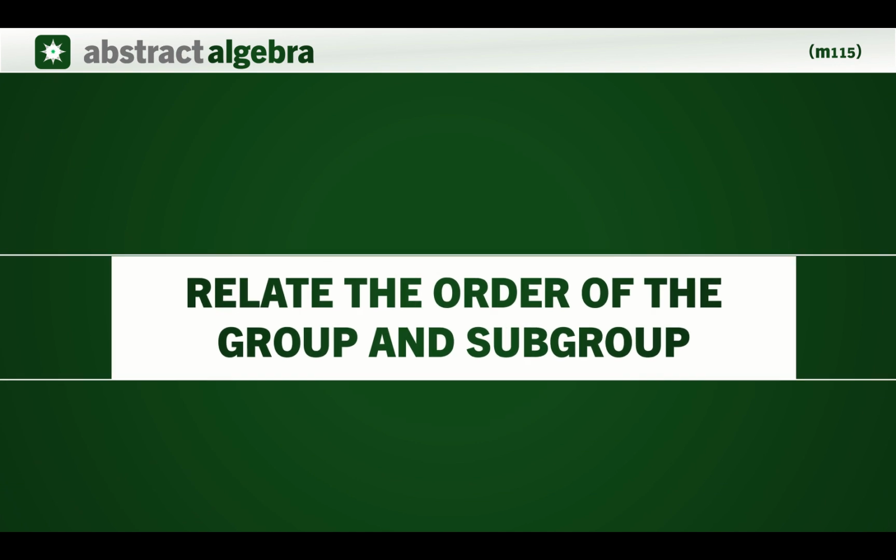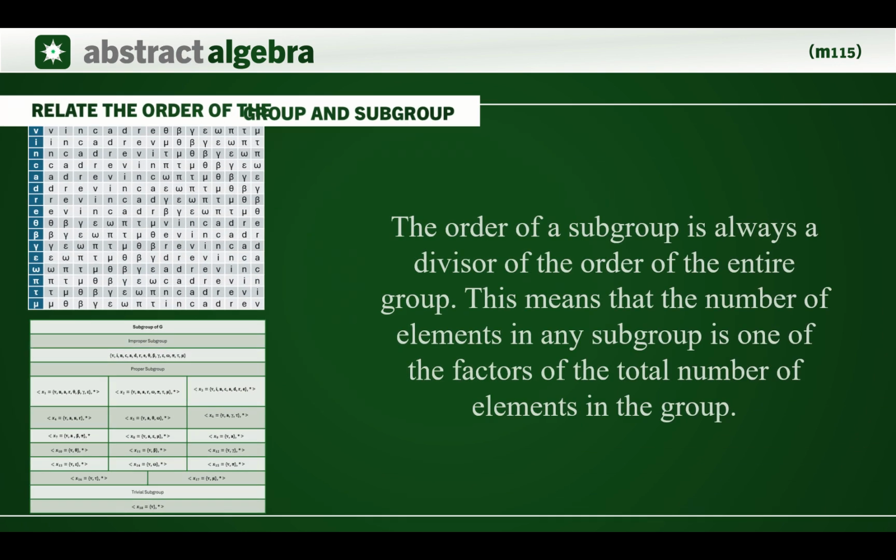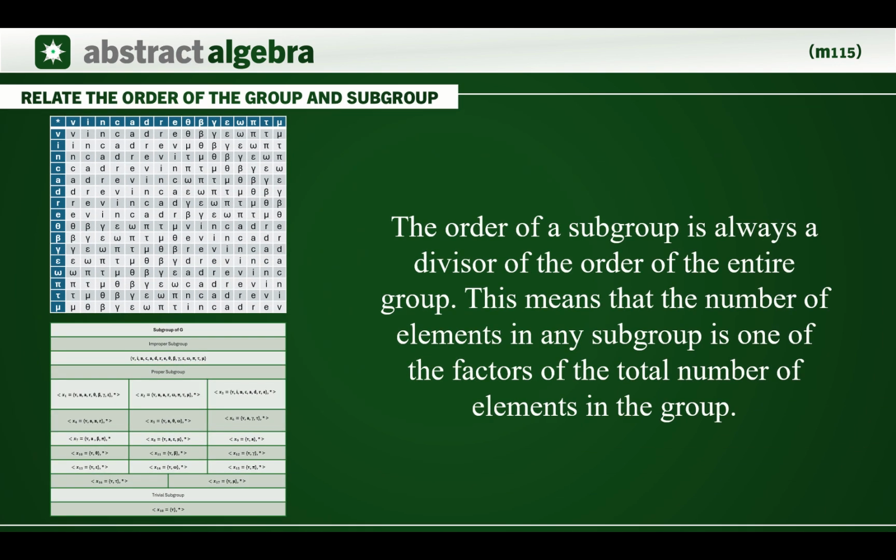Next, we are going to relate the order of the group and the subgroup. The order of a subgroup is always a divisor of the order of the entire group. This means that the number of elements in any subgroup is one of the factors of the total number of elements in the group. So the order of the subgroup must always divide the order of the entire group evenly.